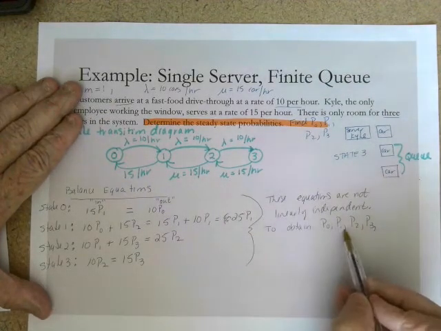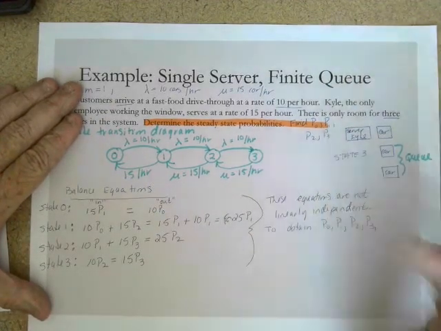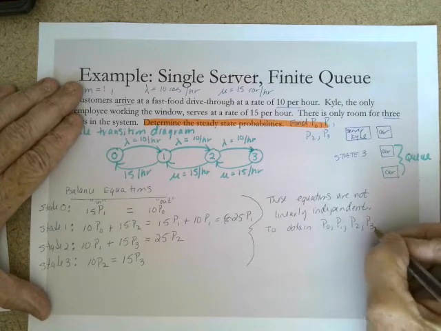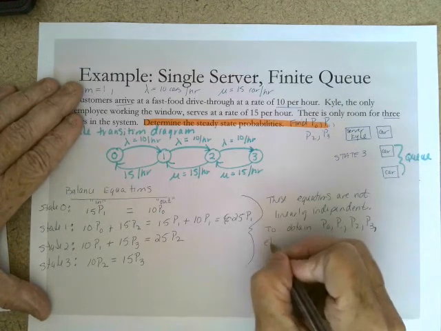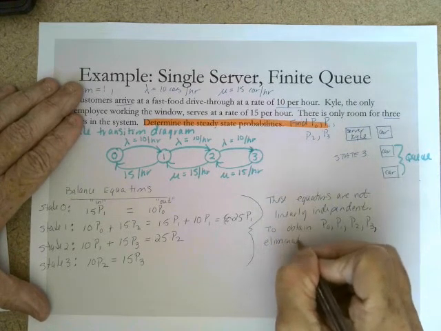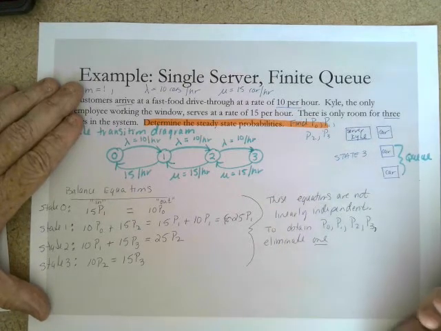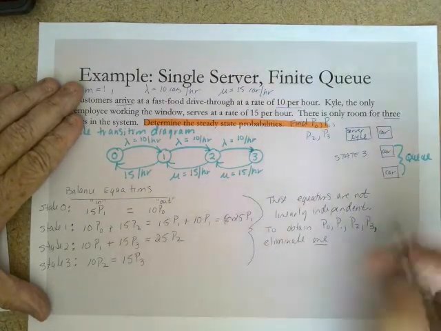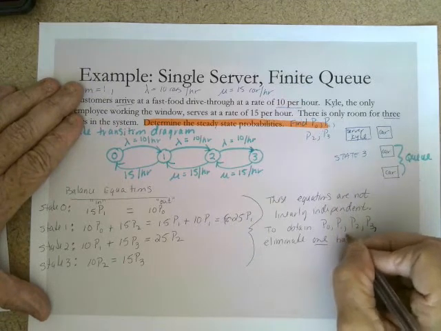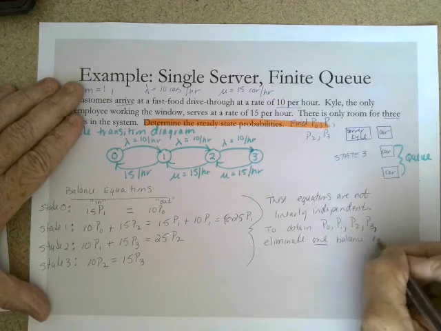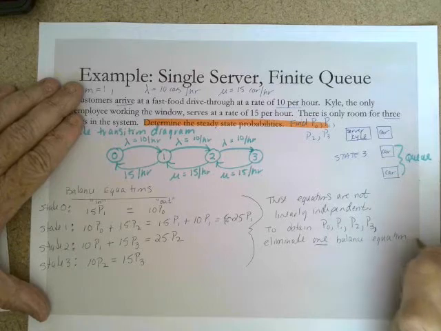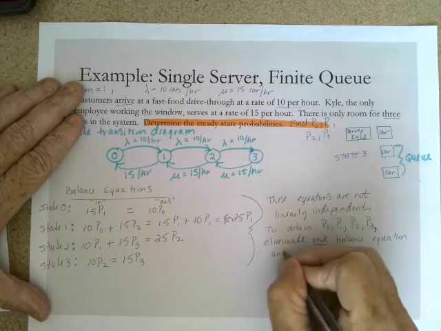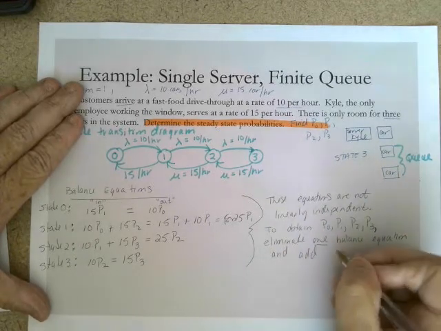So to obtain these probabilities, which is what we've been asked for, we are going to eliminate exactly one, and it doesn't matter which one. I like to choose the more complicated ones. Eliminate one balance equation and add the following equation.